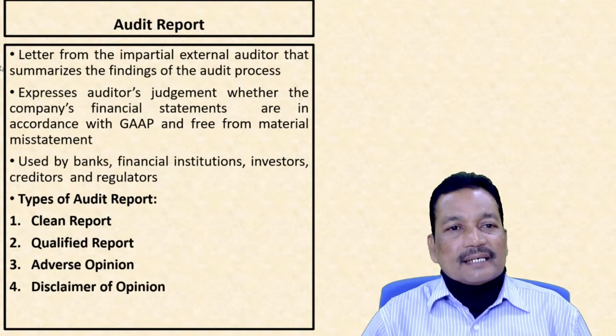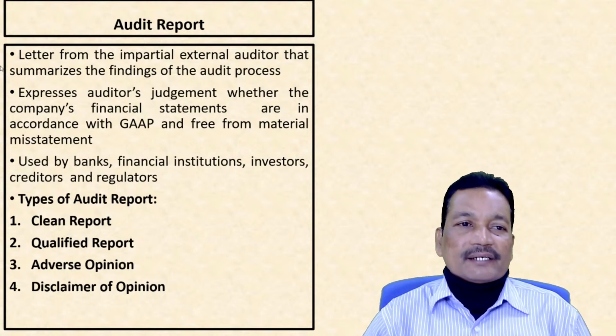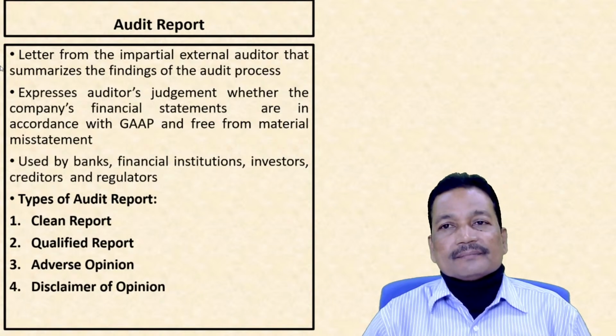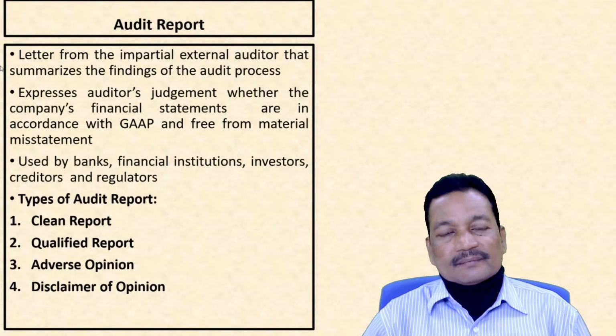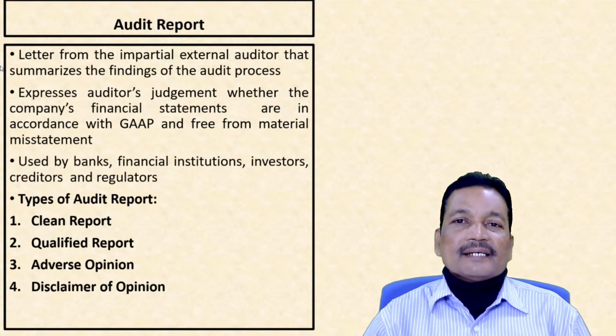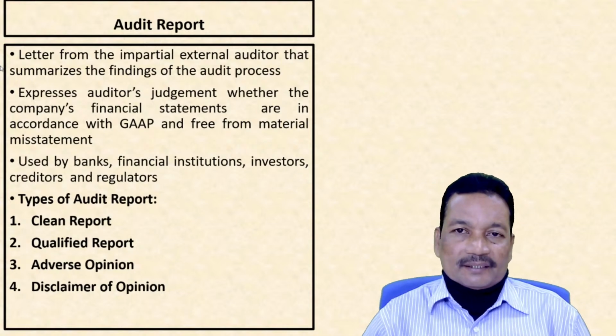So, it is a letter from the impartial, that means unbiased external auditor that summarizes the findings of the audit process. That means they will form a judgment regarding the way the things are going on in the project activities.